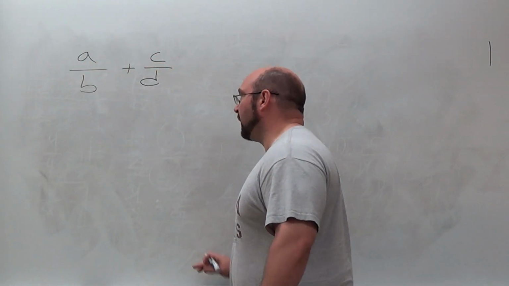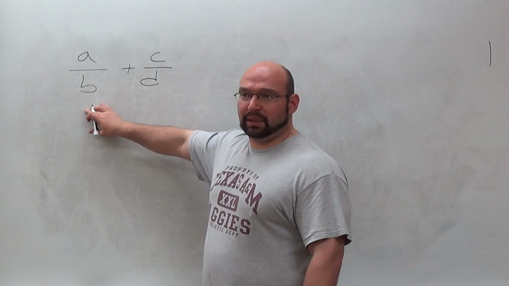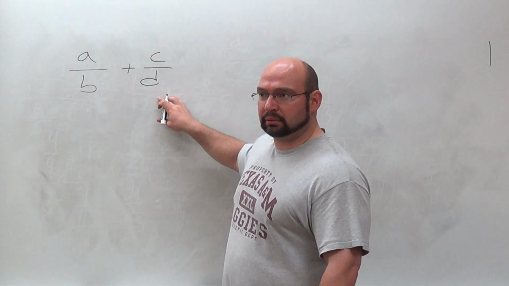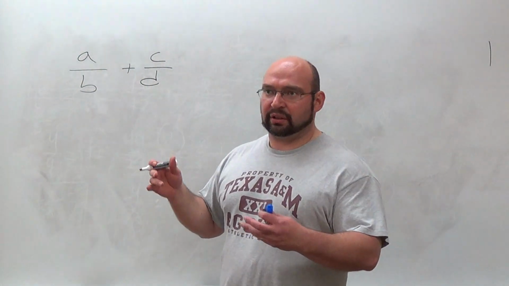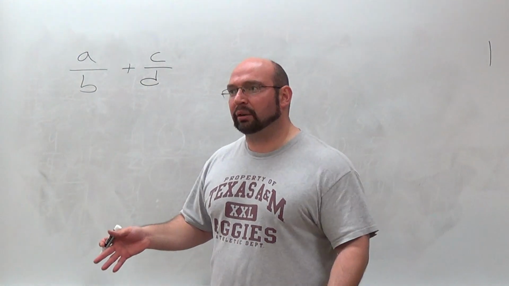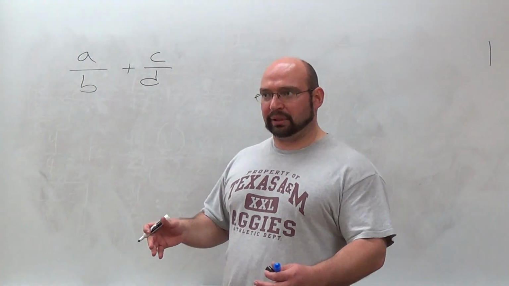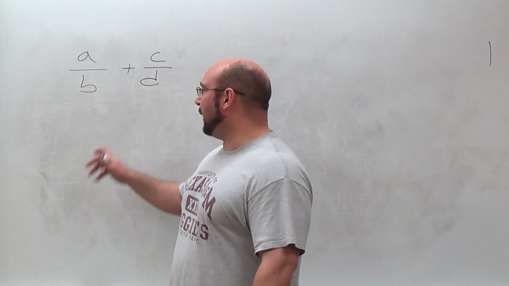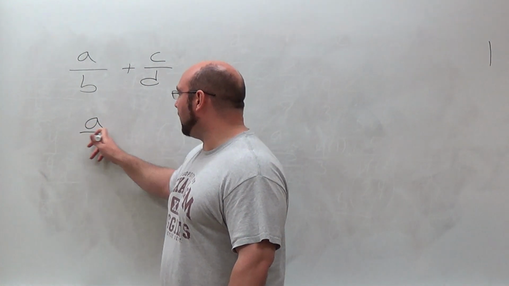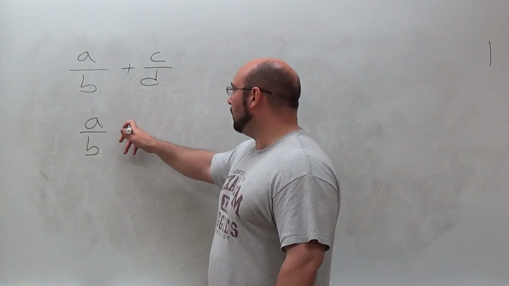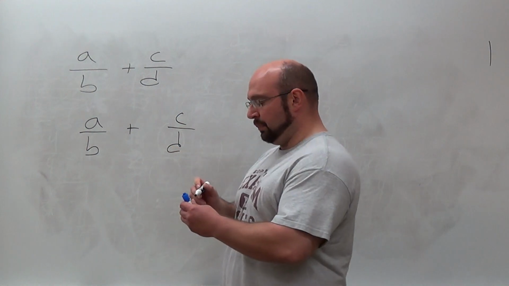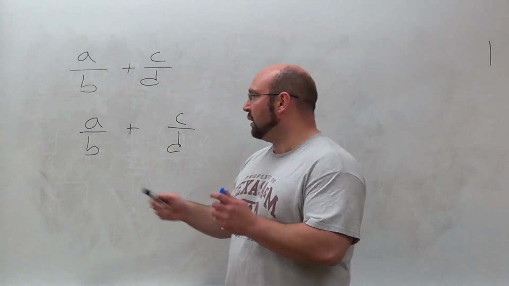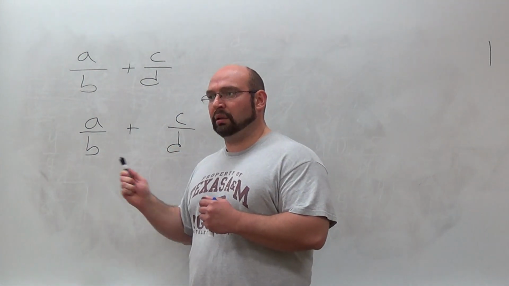Okay. So I know this has a B. This has a D. I want them to be the same. So we're not going to make them meet at some K or some other letter. Let's go ahead and put them together. So in order to do that, what I'm going to do is I'm going to have my A over B. Here's my C over D. But note, this has a B in it.